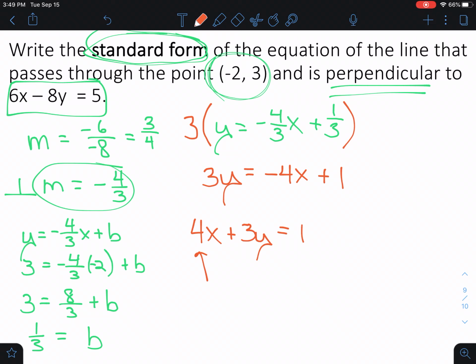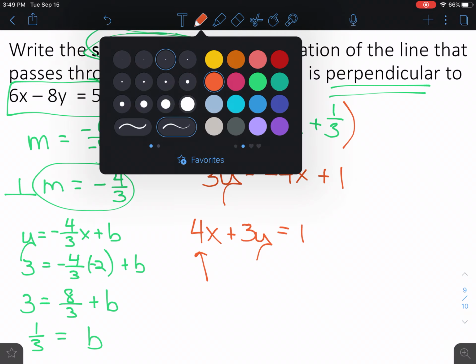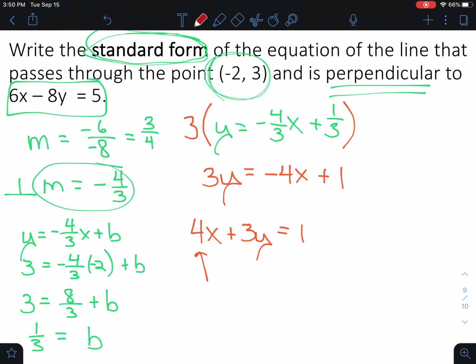Let's just, for a moment, pretend that it wasn't good. What would you do? So let's say, for an example here, I had -7x plus 2y equals 3. Okay, all you would do is change the sign on everything because you want to change that to a positive 7x. So that means you have to do that to everything else.